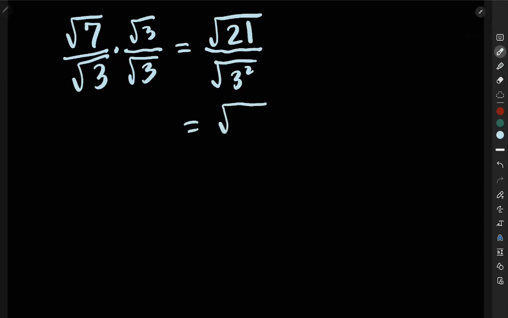So square root of 21, and then at the bottom it becomes 3, because the exponent 2 and the square root will be cancelled, so it's only 3. And then for the numerator, it's square root of 21, so you just leave it there, because the purpose of rationalization is to remove the radical sign at the bottom. So that is the rationalized answer.